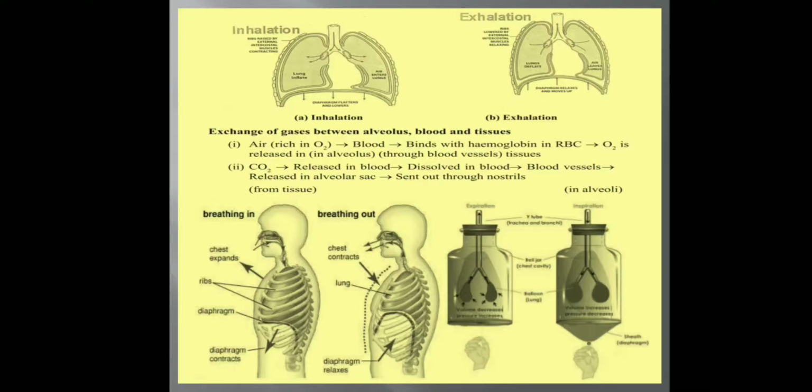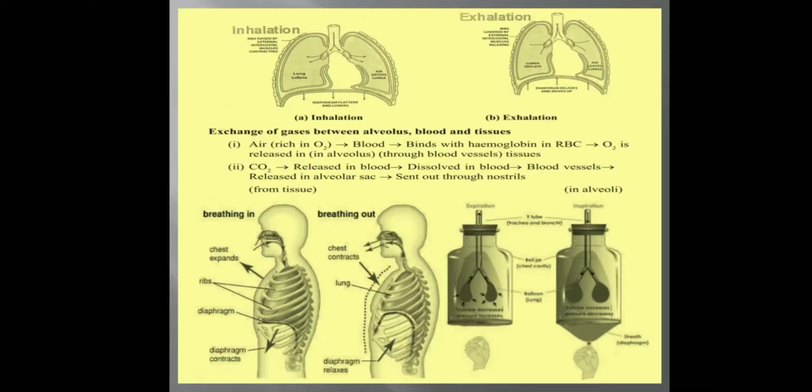Now you have to insert one inverted Y-shaped tube and seal the lid of that jar tightly, and only the pipe's opening should be there. And now you have to attach two balloons to the two arms of this Y-shaped tube, and after that close the container with the rubber sheet. Now you have to check how it works.